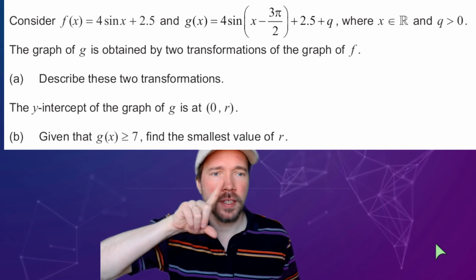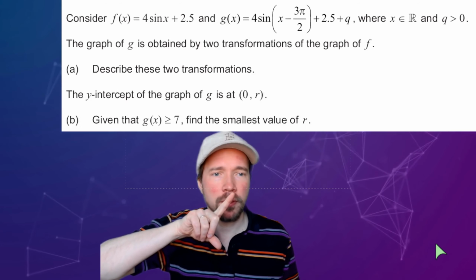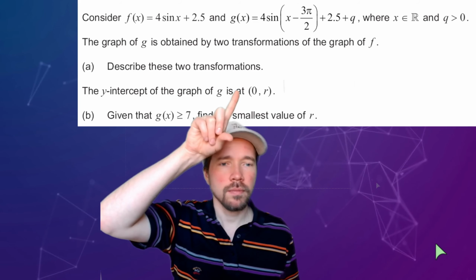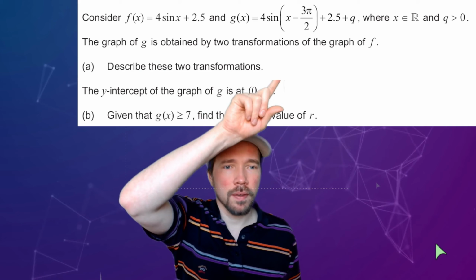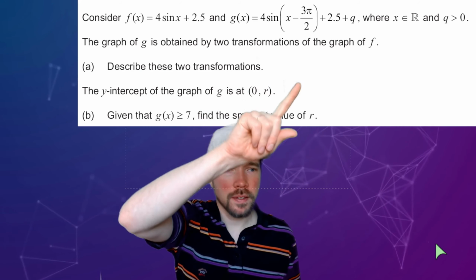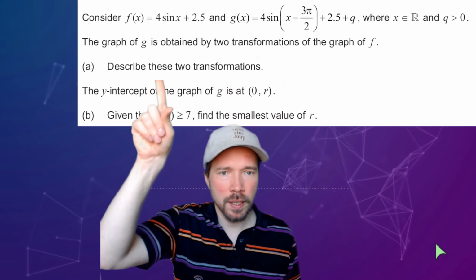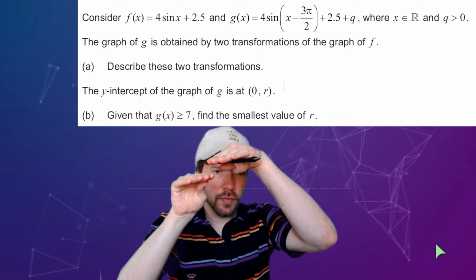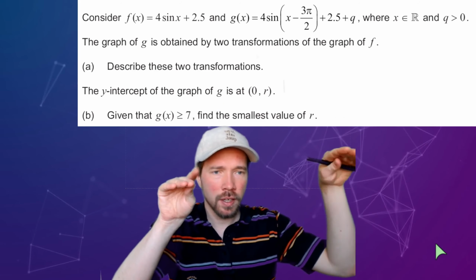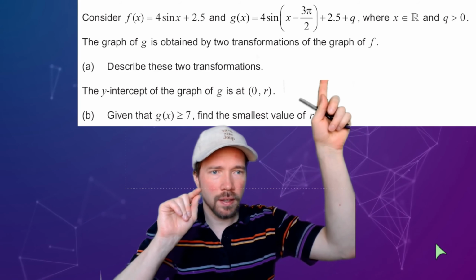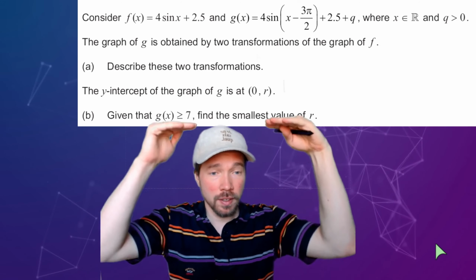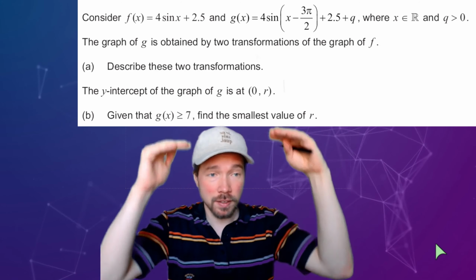the second function can be obtained from the first function by substituting x minus 3 pi over 2 in place of x, which is shifting the curve in the horizontal direction, and then adding q, which is shifting the graph in the vertical direction.